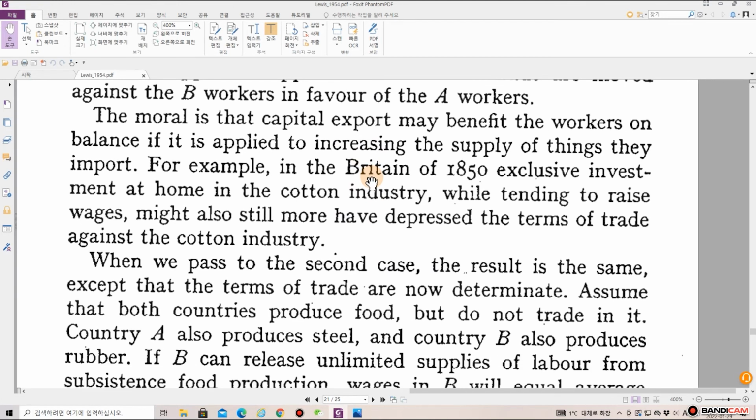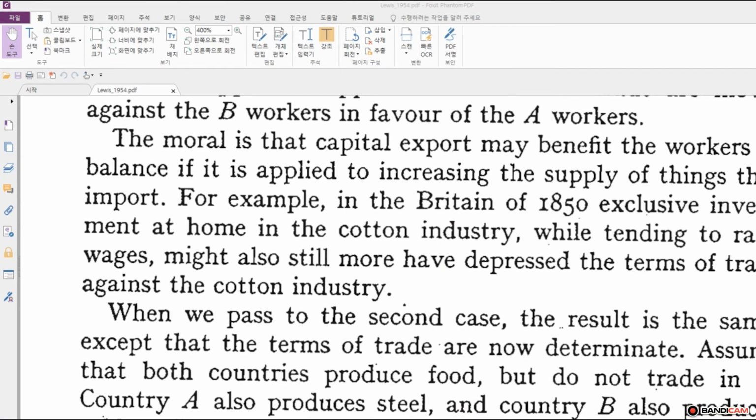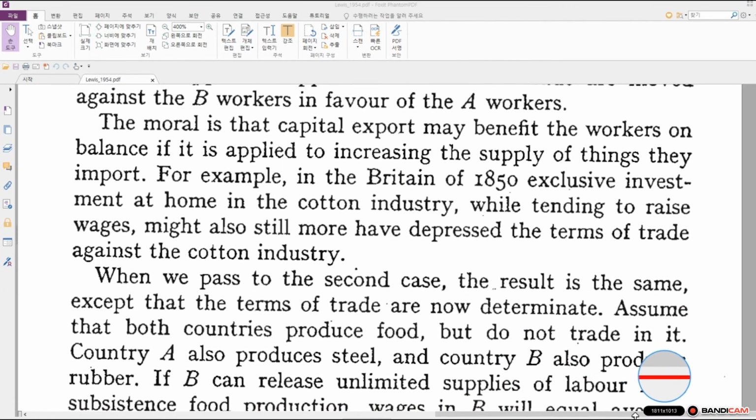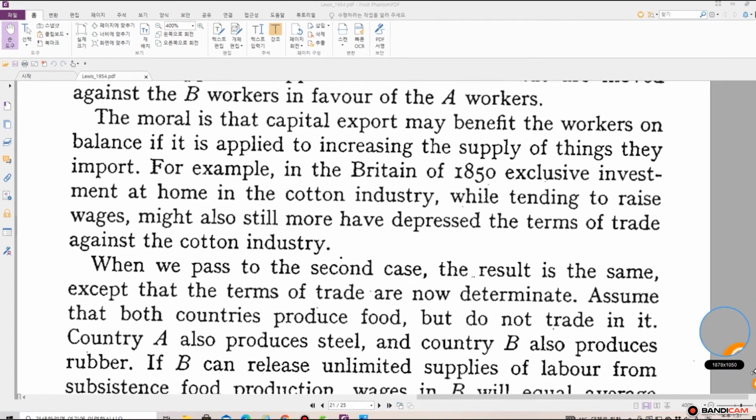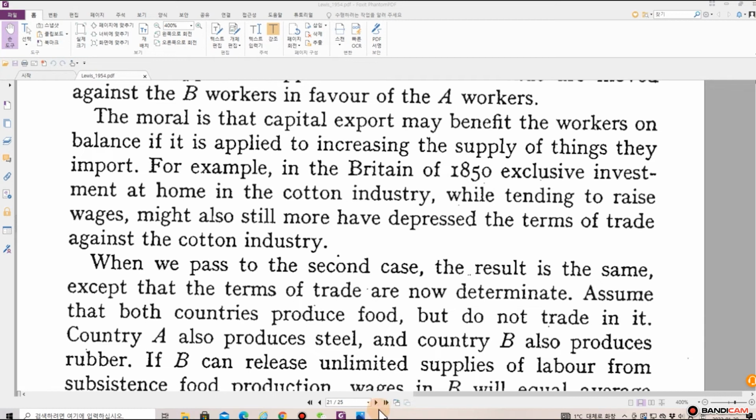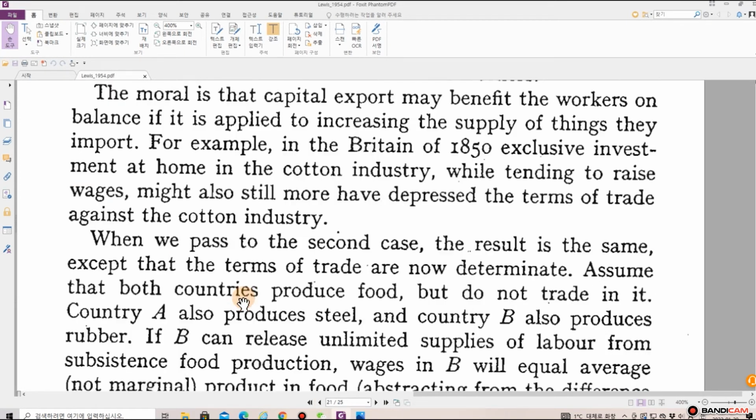The moral is that capital export may benefit the workers on balance if it is applied to increasing the supply of things they import. For example, in the Britain of 1850, exclusive investment at home in the cotton industry, while tending to raise wages, might also still more have depressed the terms of trade against the cotton industry.